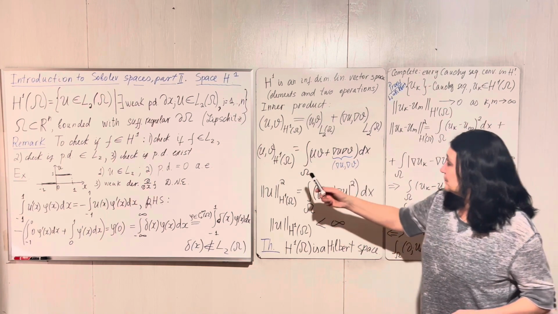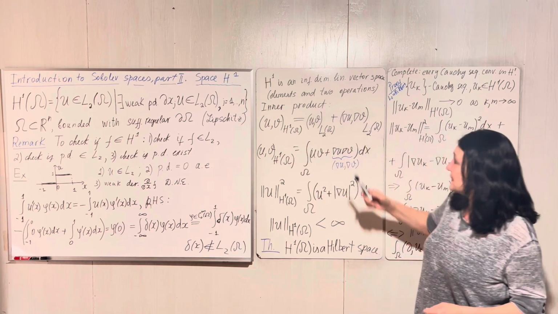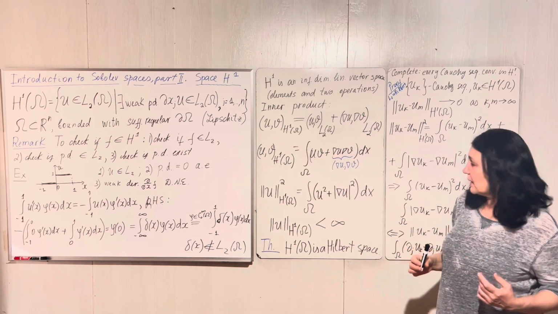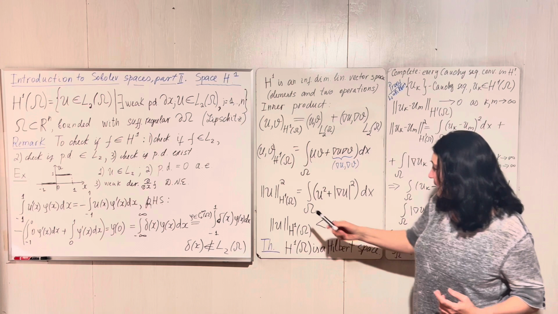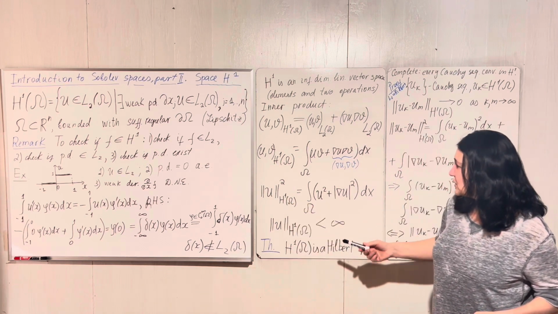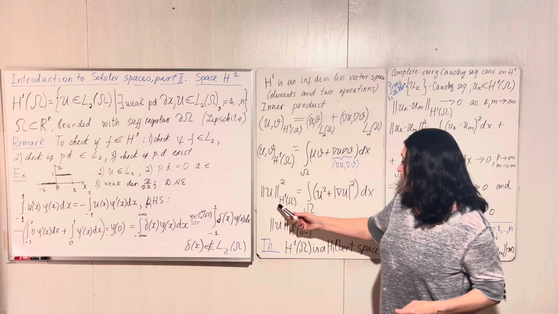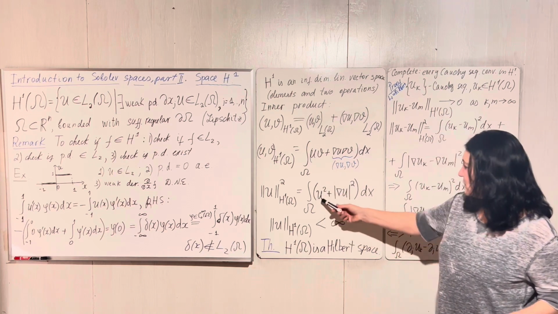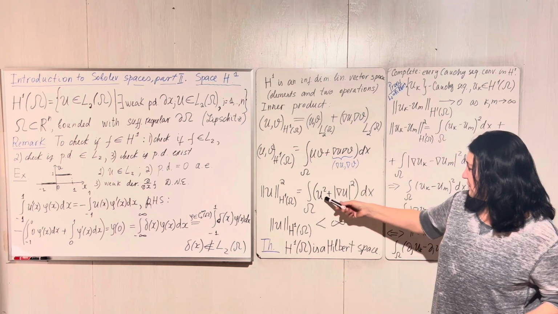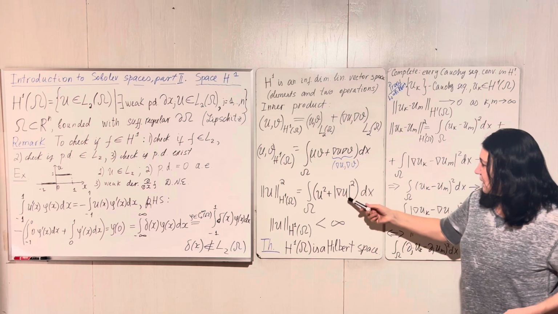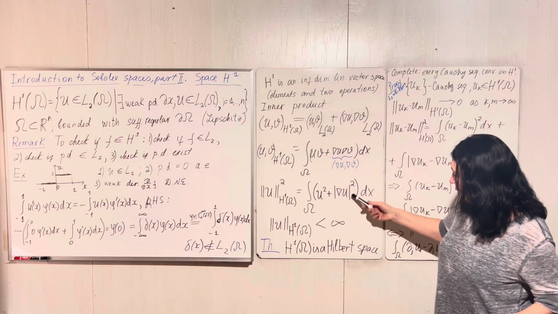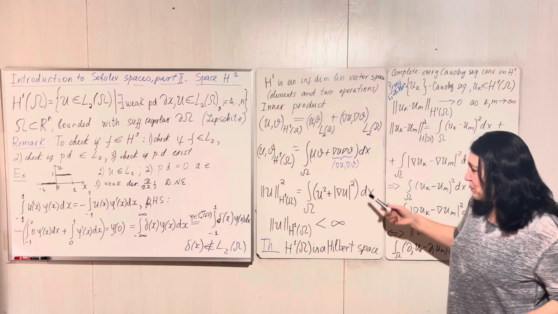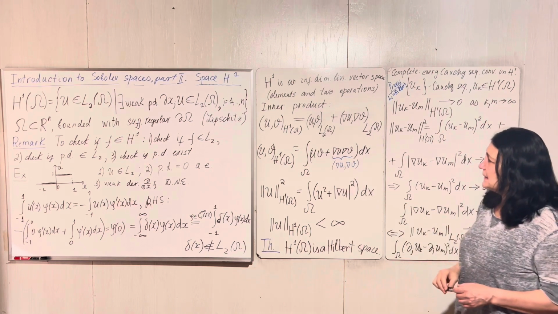And using this inner product, we can write the norm of a function, and that would be the integral of u squared plus the magnitude of the gradient squared.